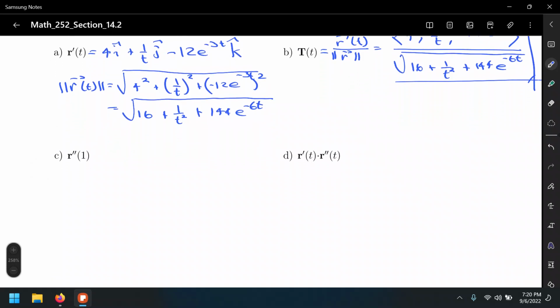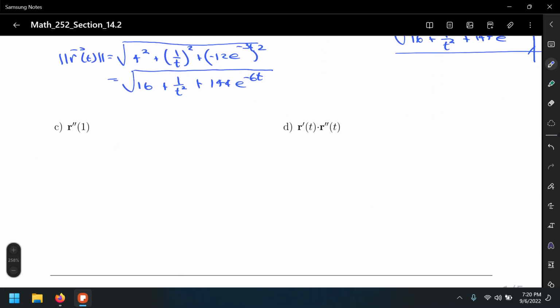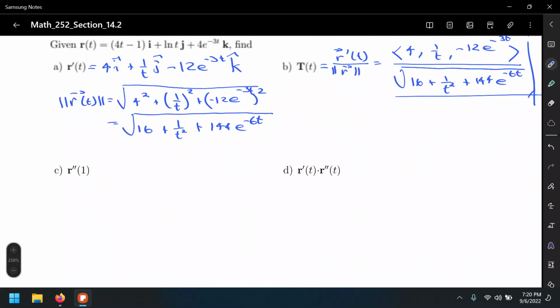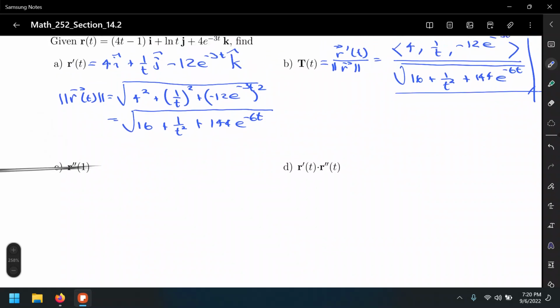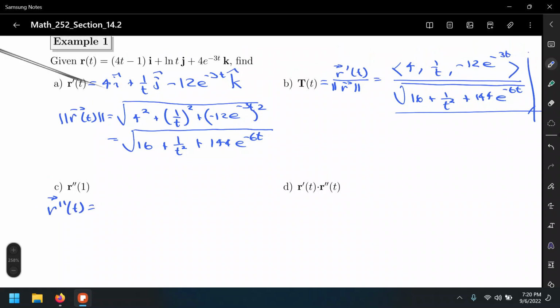Letter C. They're asking us to evaluate the second derivative of the vector valued function at 1. So how about we first find the second derivative, r double prime. The derivative of the first component, the derivative of 4, is 0.